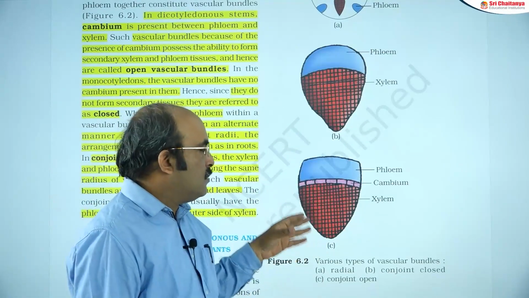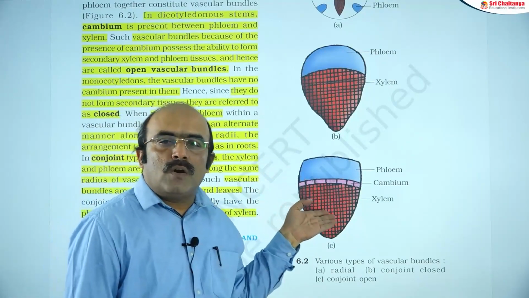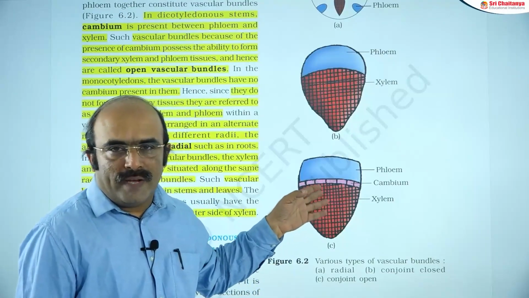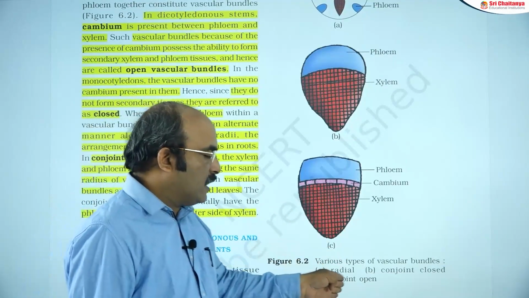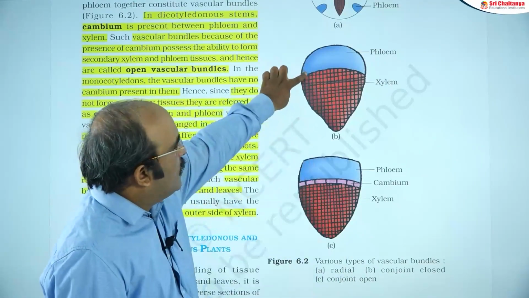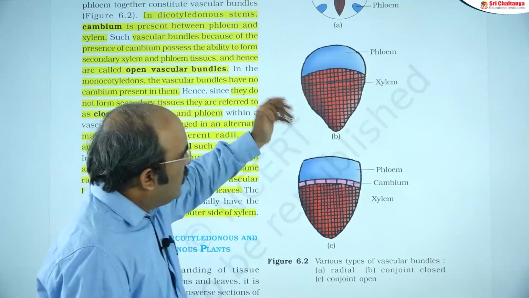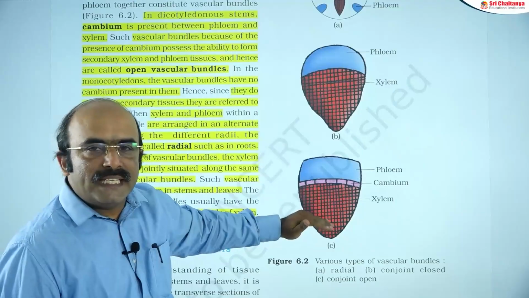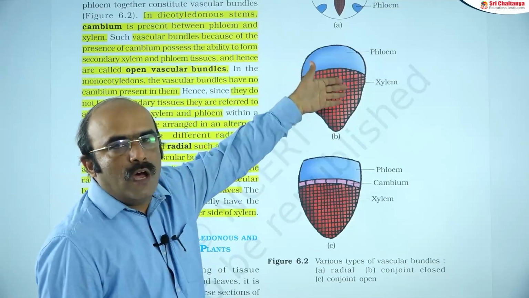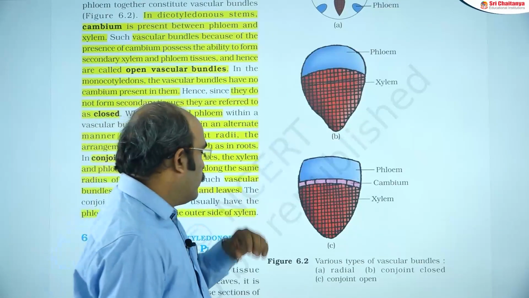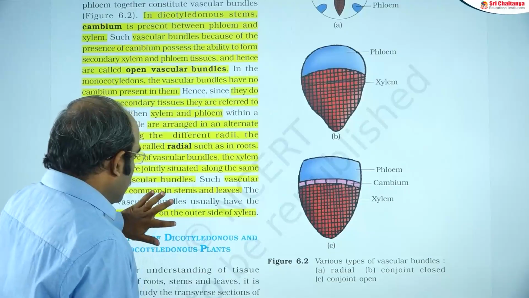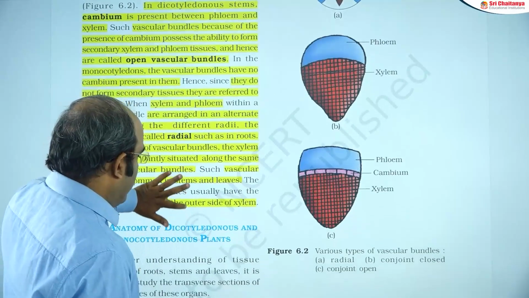When the cambium is present between xylem and phloem, it is called the open type of vascular bundle, or you can also call it conjoint and open. If cambium is absent, then you call it conjoint and closed. Here xylem is always present towards the inner side and phloem is present to the outer side in the vascular bundle. So that is one point.